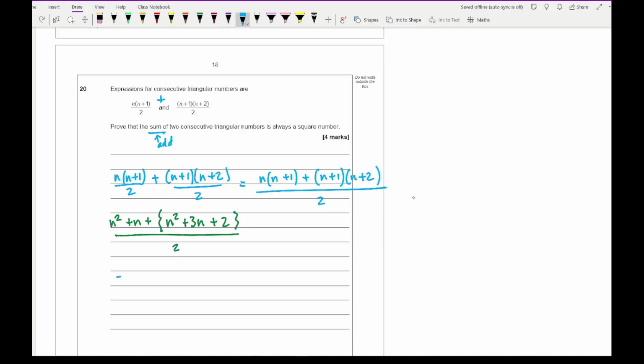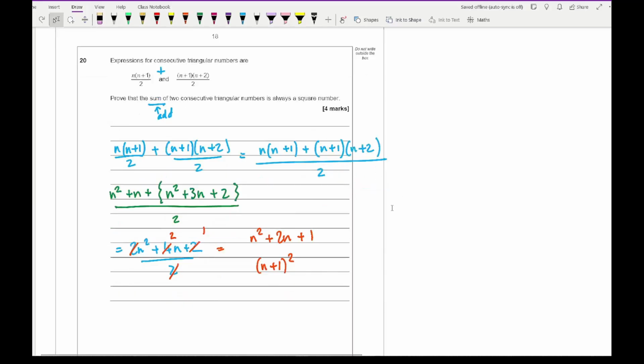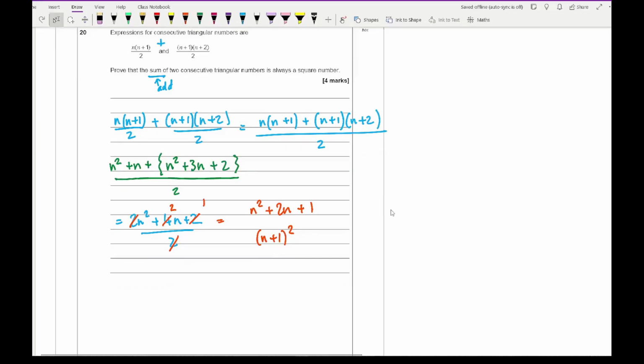Then if I simplify the numerator, I end up with 2n squared plus 4n plus 2 all divided by 2, and then simplify that further by taking 2s out, I end up with n squared plus 2n plus 1, which I can factorize to give me (n plus 1) squared. And as you can see here, that is always going to be a square number. So therefore, always a square number.